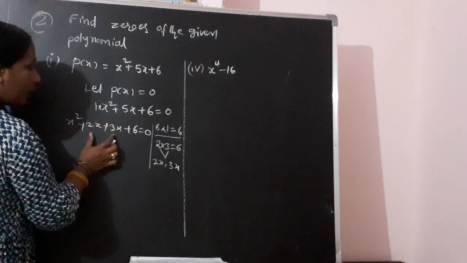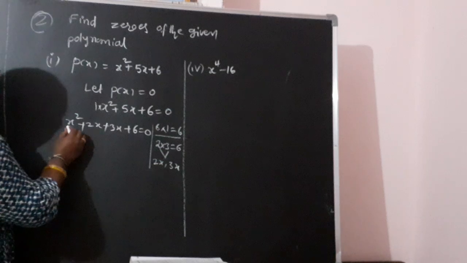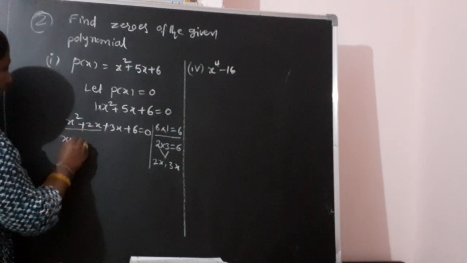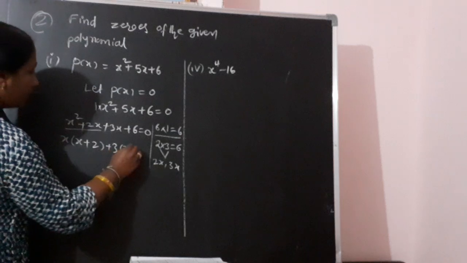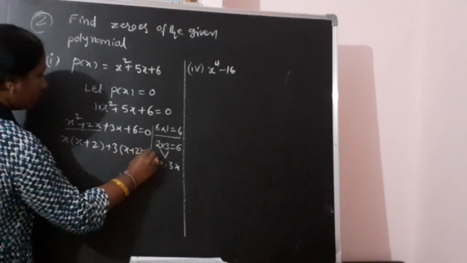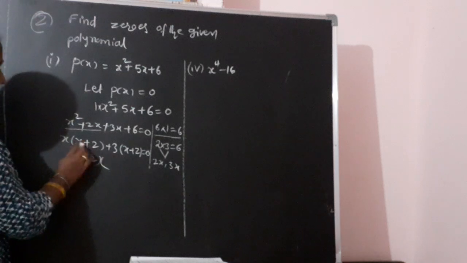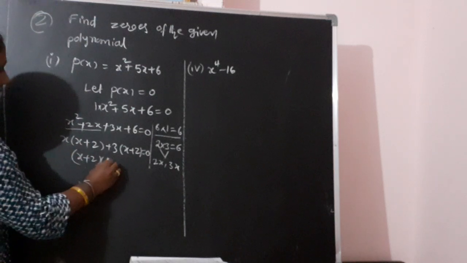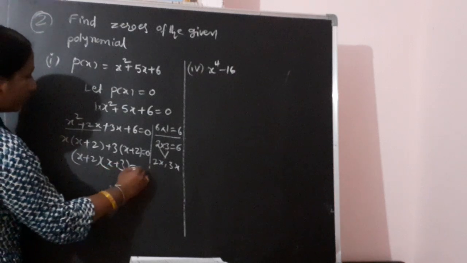If plus is there, keep plus. If minus is there, keep minus. Are you clear? Now take x common here: x plus 2. Next, plus 3 common: x plus 2 equal to 0. Next, x plus 2 into, so x plus 2 removed, what is left here? x plus 3, equal to 0.